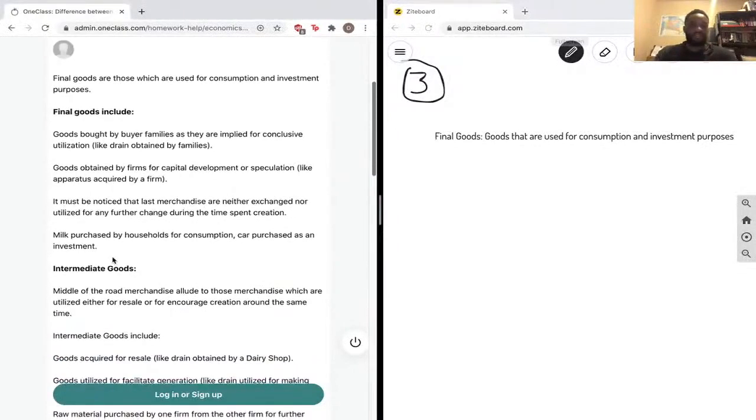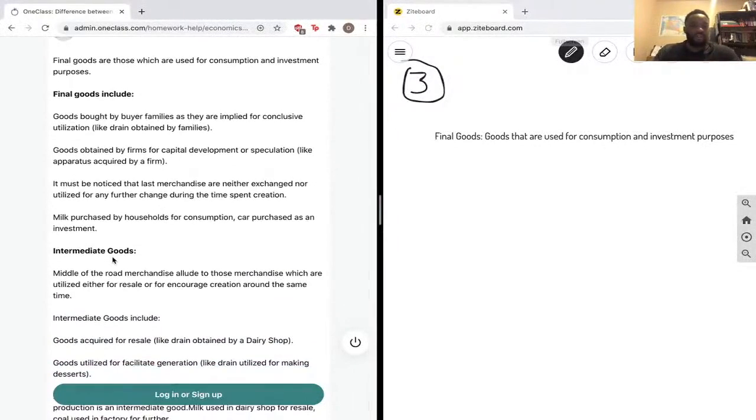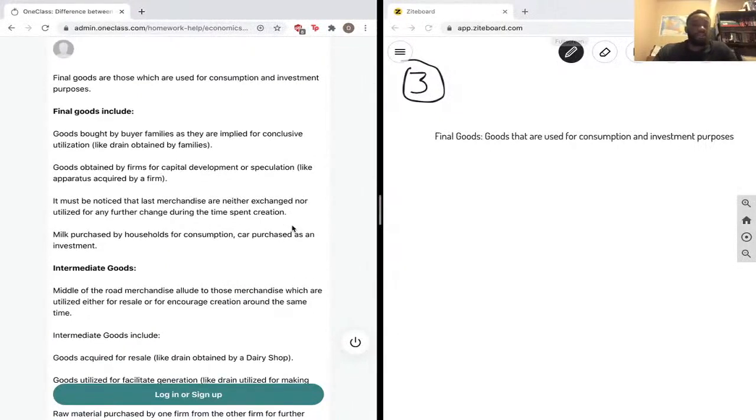Just skip over to the definition of intermediate goods. Intermediate goods are middle of the road merchandise that allude to those merchandises which are utilized either for resale or for further production around the same time.